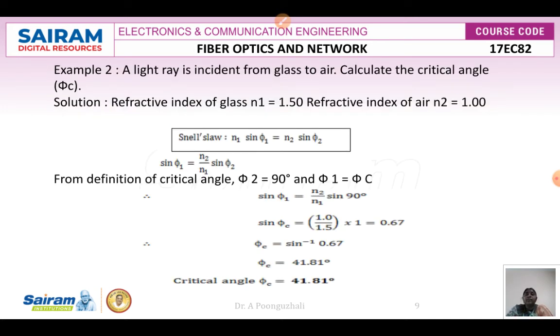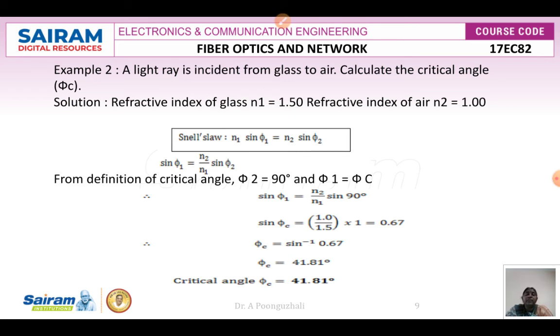We'll see the second problem. A light ray is incident from glass to air. Calculate the critical angle phi c. We should know the refractive indices: the refractive index of glass is 1.5 and the refractive index of air is 1. Now we calculate the critical angle. n1 sin phi c is equivalent to n2 sin phi 2, where phi 2 is 90 degrees.